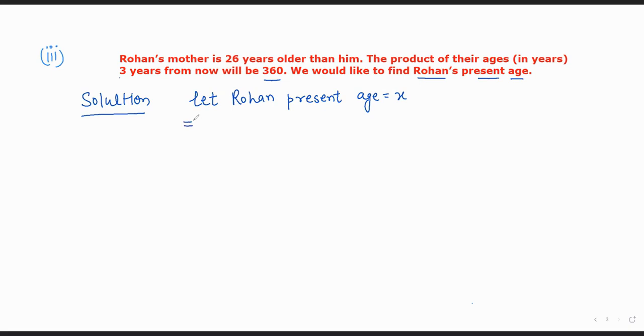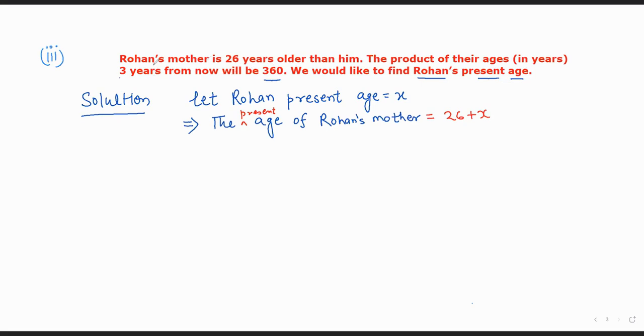It means the present age of Rohan's mother is equal to 26 plus x.